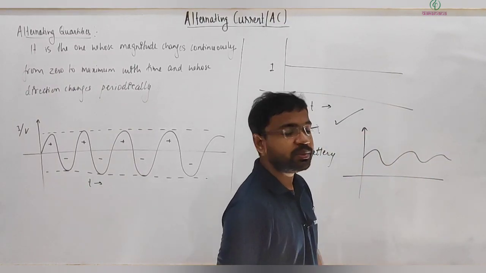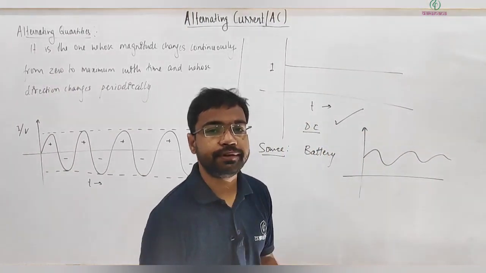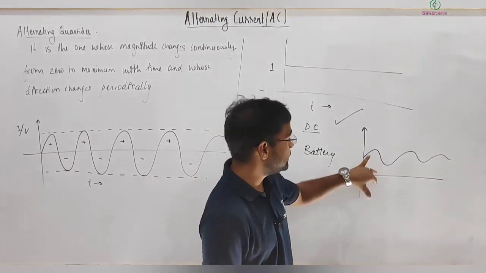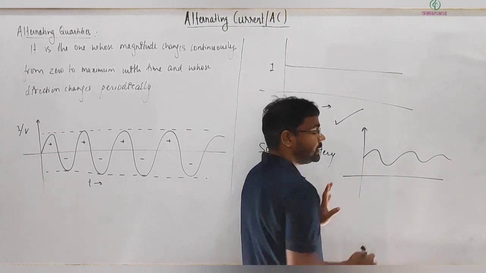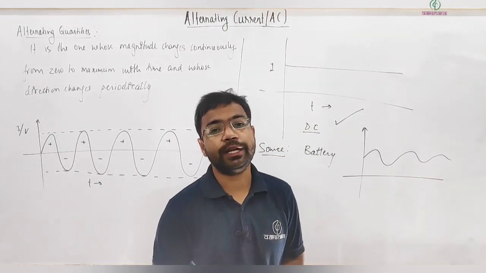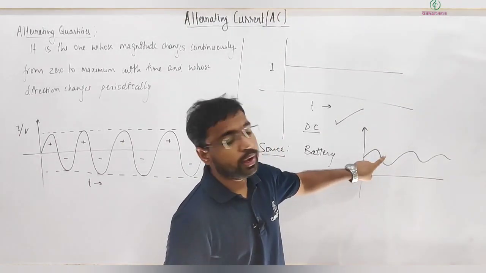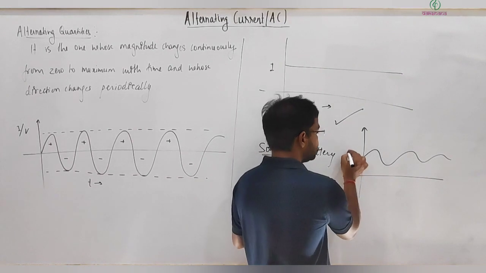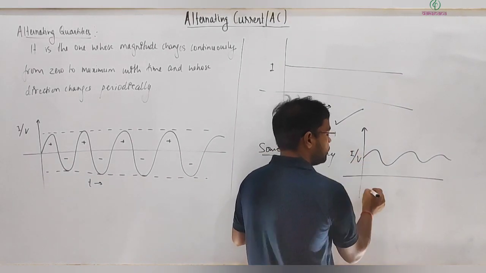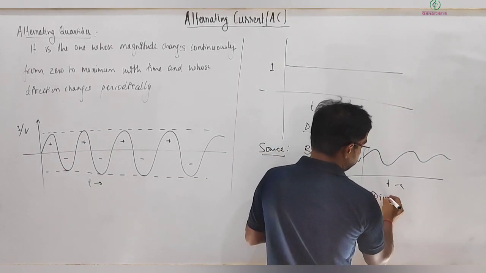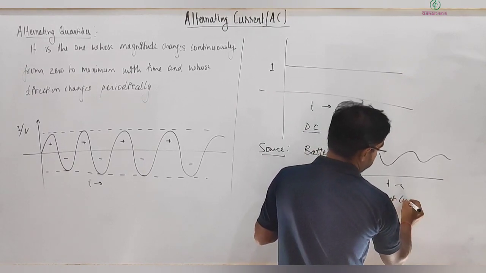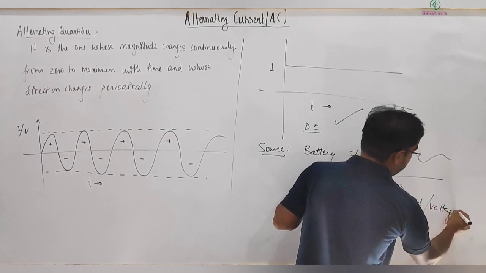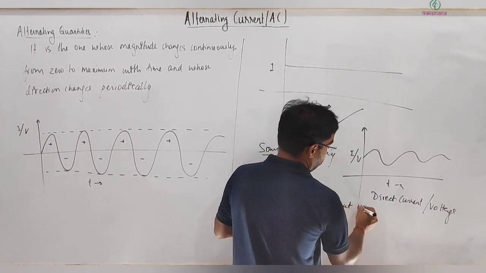This is also direct, but actually it's a little bit different. You can call it a variable DC current, because it's not changing its direction, it's flowing only in one direction. So this is also a direct current, but with variable magnitude.